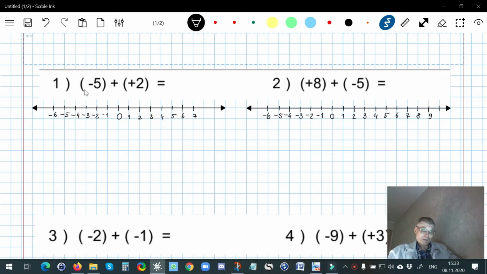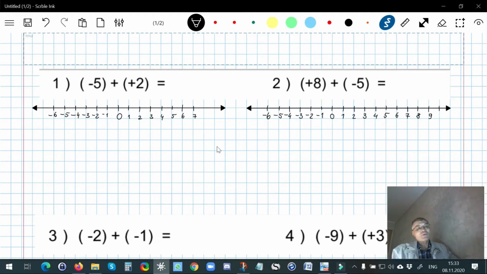The first one, -5 plus +2. The most obvious and visual way to do that is to use the number line. That's what I'm going to do first.